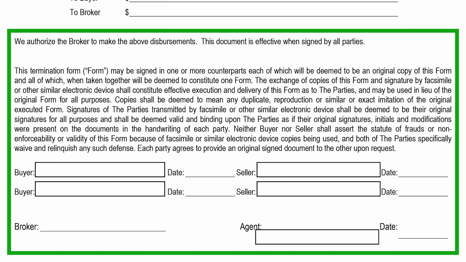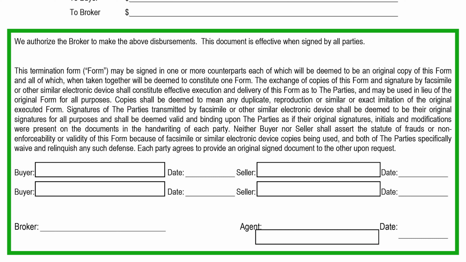Copies shall be deemed to mean any duplicate, reproduction, or similar or exact imitation of the original executed form. Signatures of the parties transmitted by facsimile or other similar electronic device shall be deemed to be their original signatures for all purposes and shall be deemed valid and binding upon the parties as if their original signatures, initials, and modifications were present on the documents in the handwriting of each party.